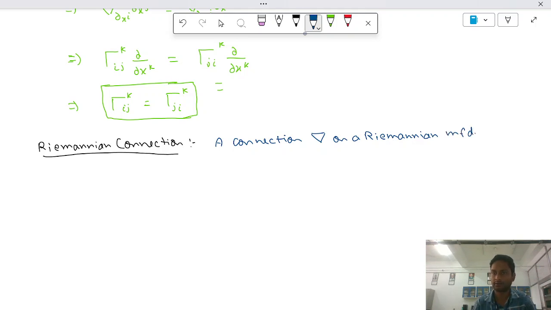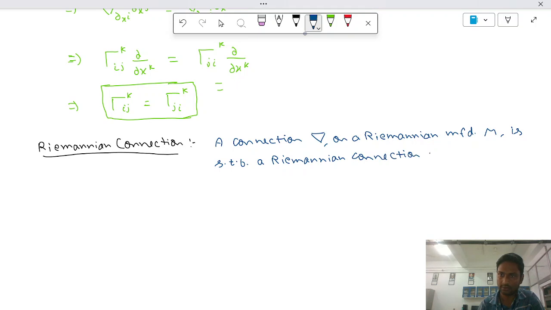Just for the sake of simplicity, I will write manifold as M. A Riemannian manifold M is said to be a Riemannian connection if, so this is your sixth property that we had in our definition of an affine connection.